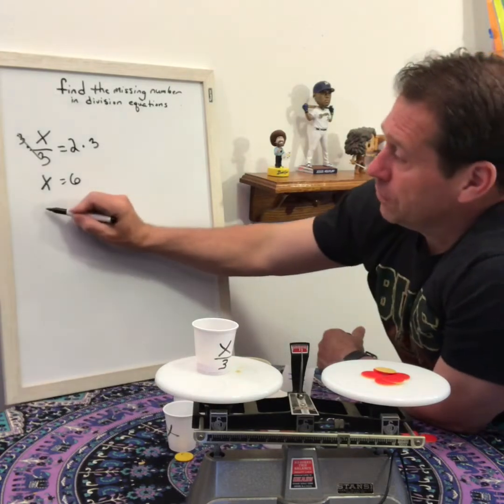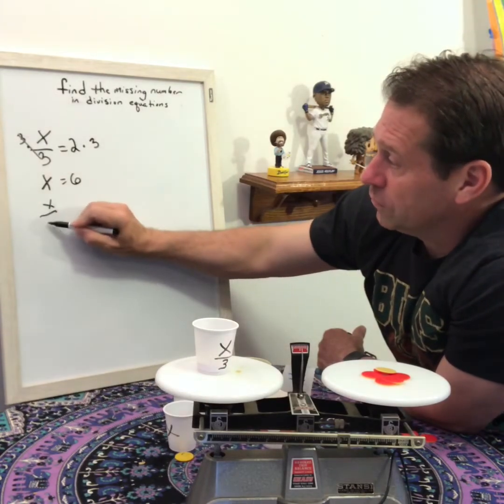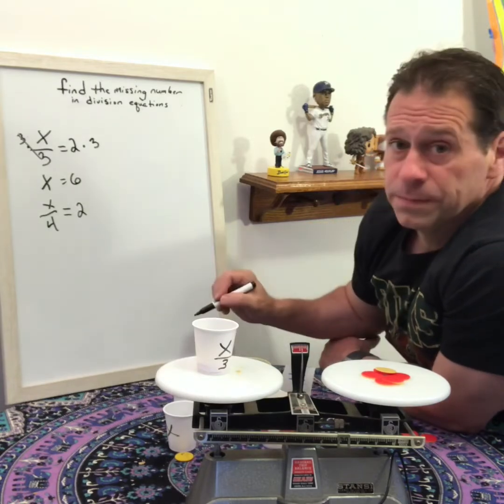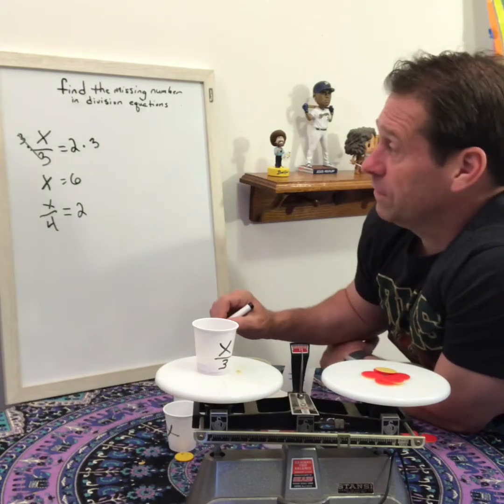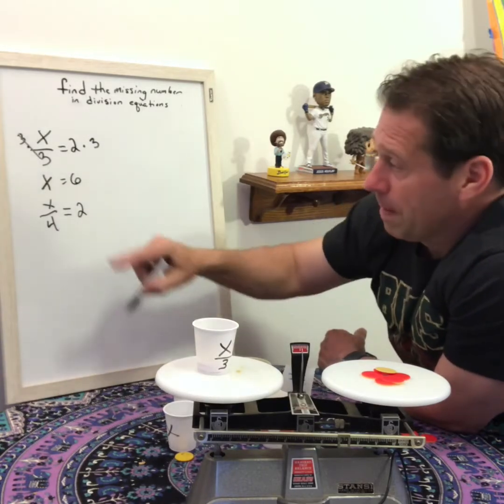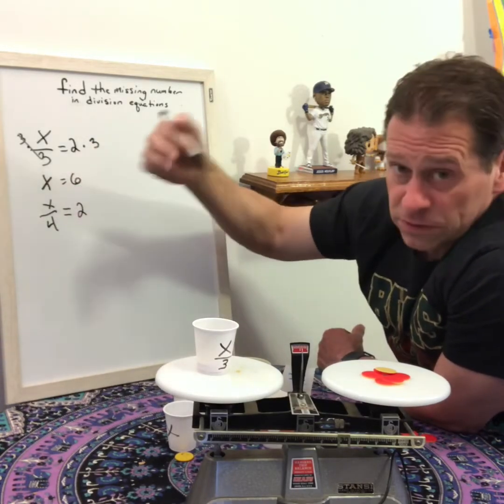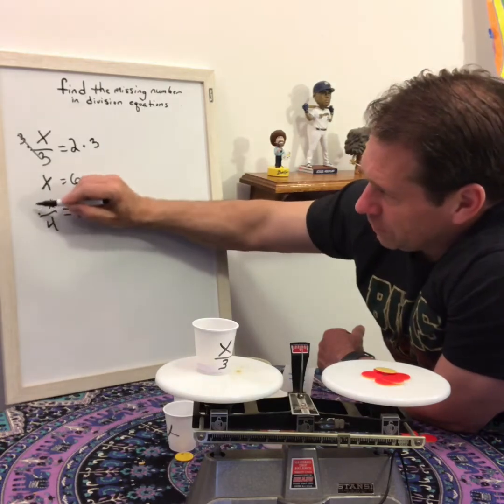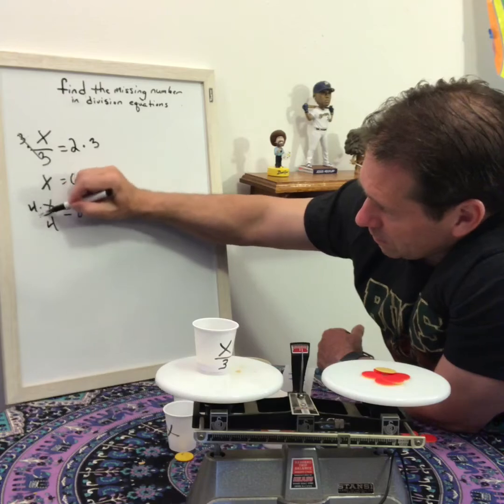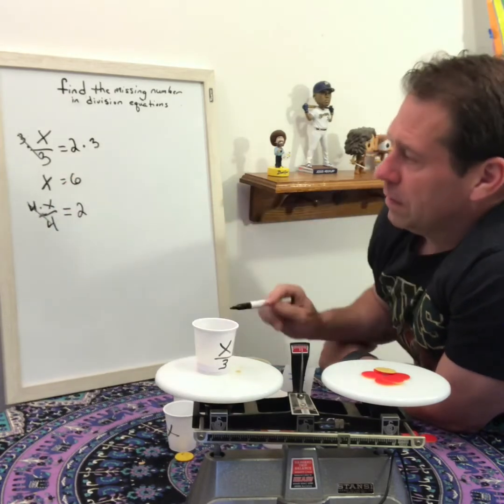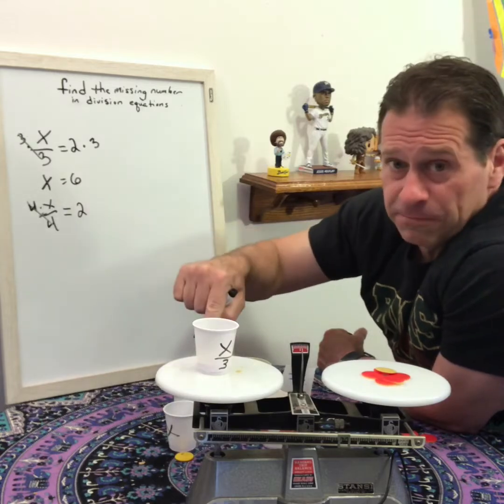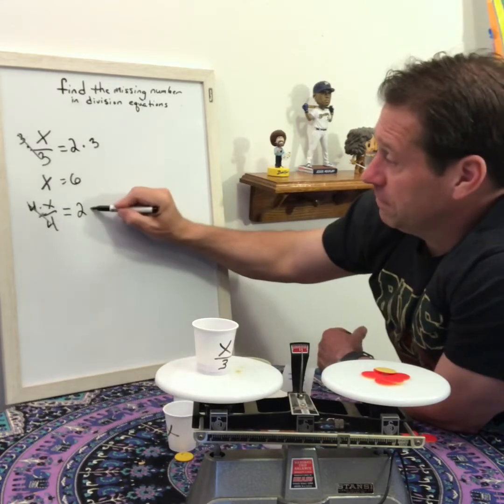So another example would be x over 4 equals 2. To get rid of this divided by 4, because x was split up into 4 equal parts, just multiply by 4. That becomes 1. But if I multiply this side by 4, I have to do the exact same thing to the other side.